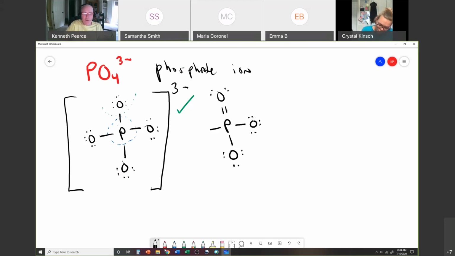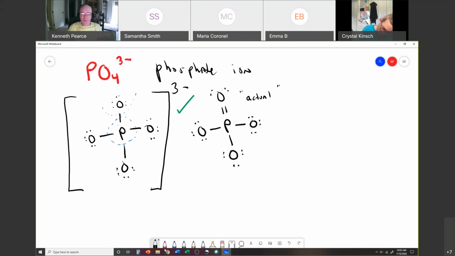Let me make sure I put on all my electrons. Okay. And you'd have 6 non-bonding on 3 of them and 4 non-bonding on the one that's double bonded. And this is the actual. So what's up with this?